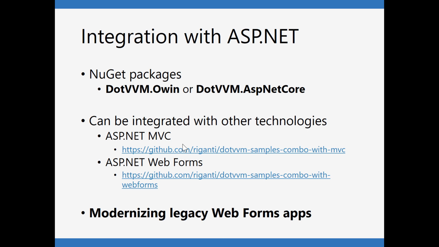So, if the company relies on these applications, you can install DotVVM inside and build new parts of the application in DotVVM. You just need to create a master page which looks very similar or the same, uses the same CSS, the same structure, so it will look the same. And you can slowly start writing new parts of this application, or slowly rewrite the old parts.